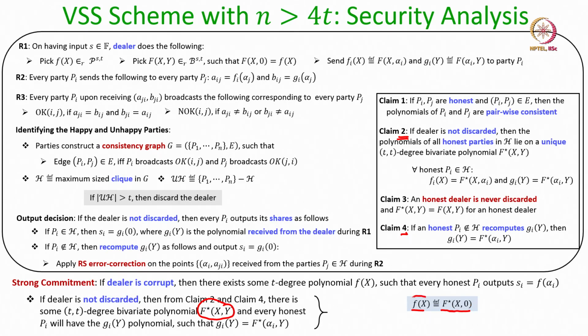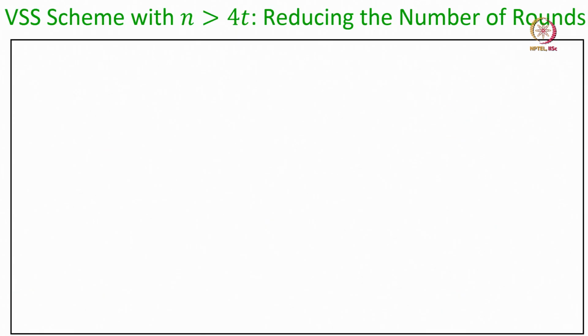This f of x is a t degree polynomial because f star is a t degree bivariate polynomial. Now it is easy to see that irrespective of whether an honest party pi is happy or unhappy, the share computed by it is nothing but the value of this sum sharing polynomial at x equal to alpha i, which implies that the strong commitment property is satisfied.